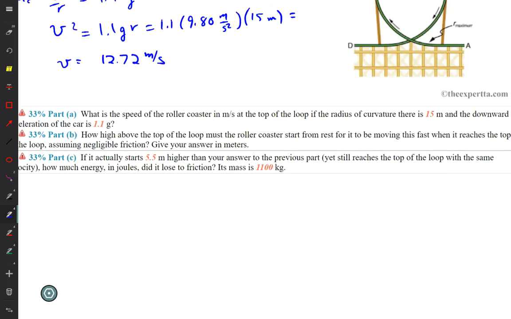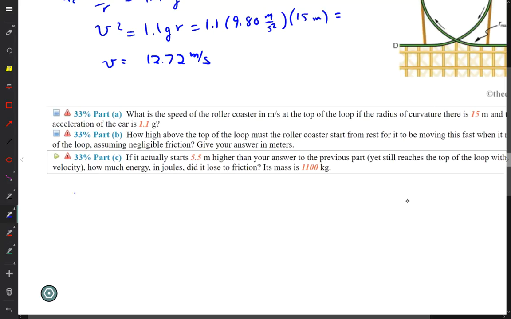Then the second question says, how high above the top of the loop does the roller coaster have to start to have that speed? So I'm going to draw an additional picture here.